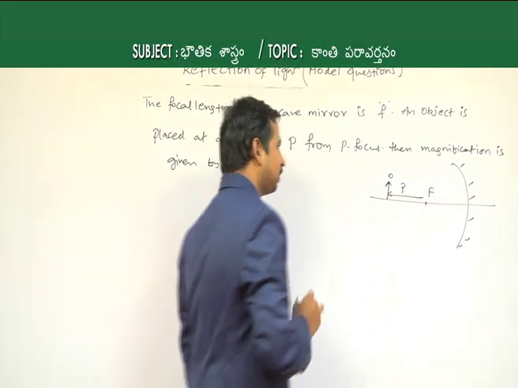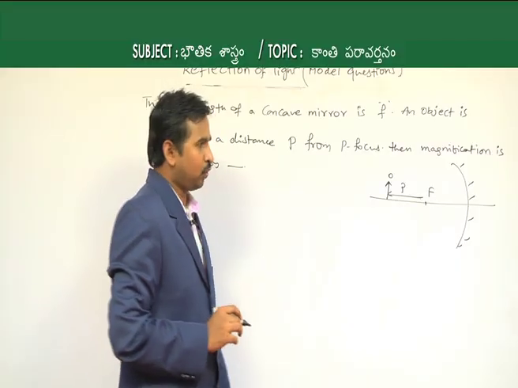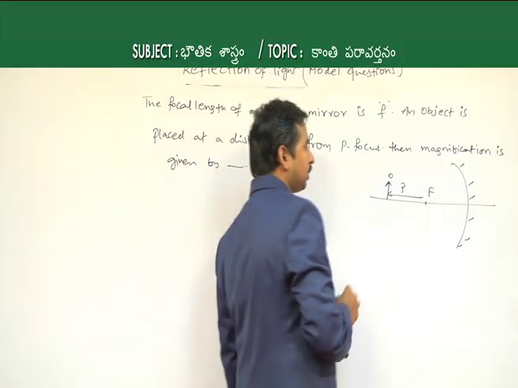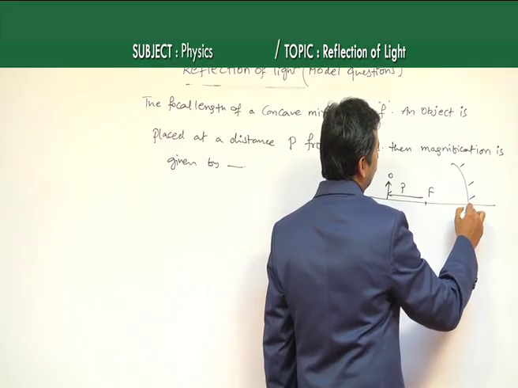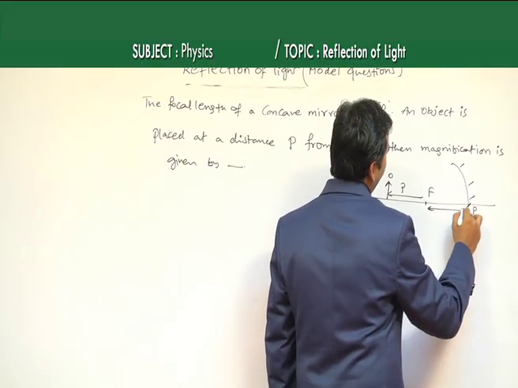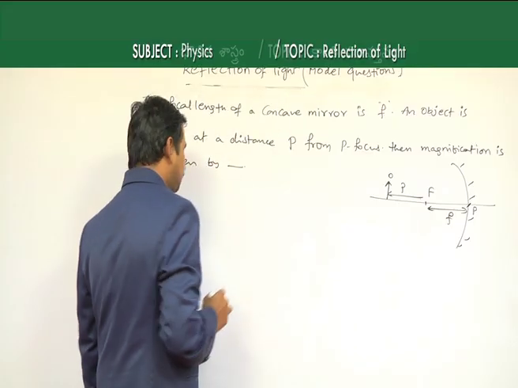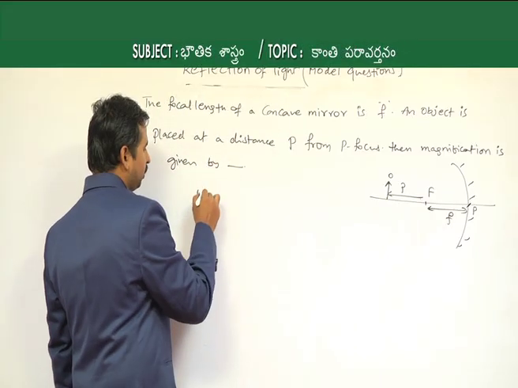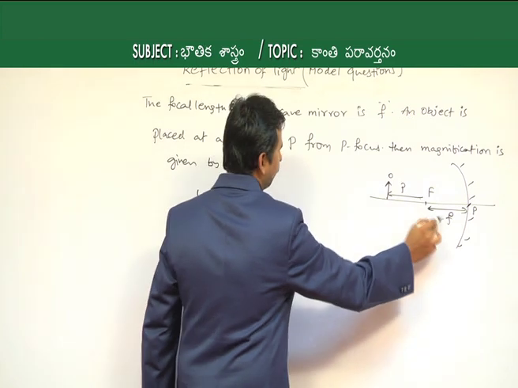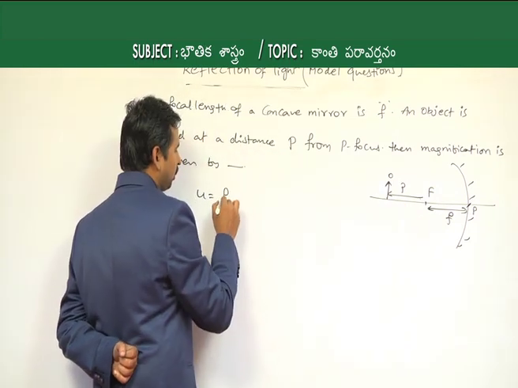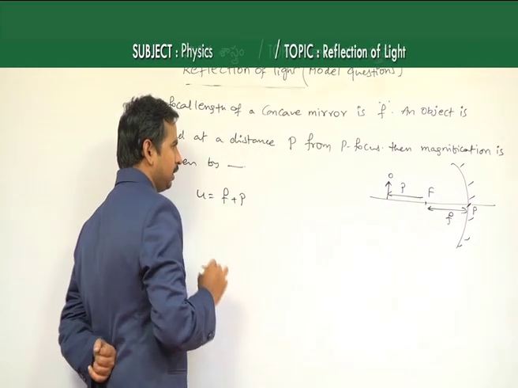And the distance between the focus and the pole, which is the center of the mirror, we know is nothing but the focal length. Then the object distance finally becomes u = f + p.